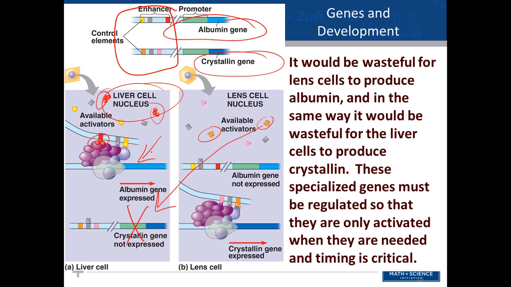And the same thing is true up here, because these transcription factors are not found in the lens cell, the albumin gene will not be transcribed. In terms of development, not only do you have to have certain genes activated, but it also turns out that timing is extremely critical.